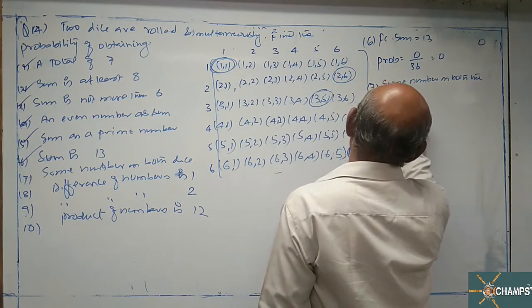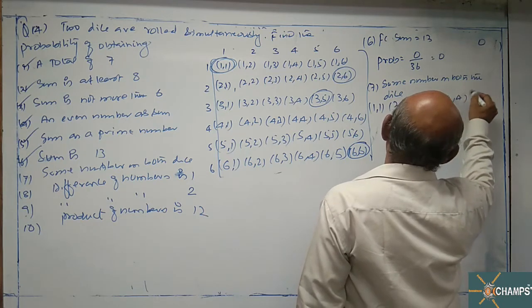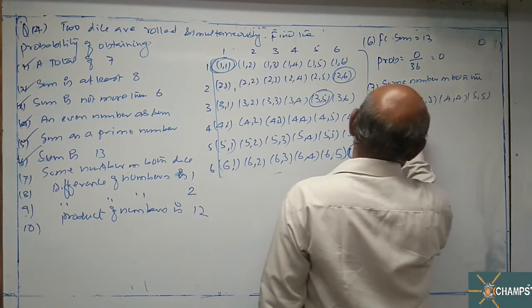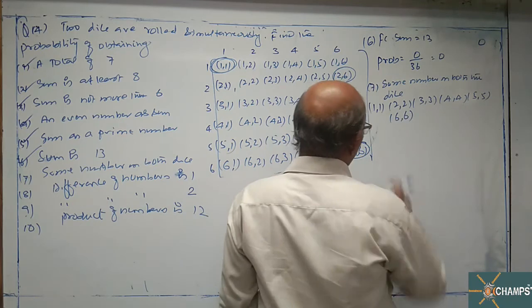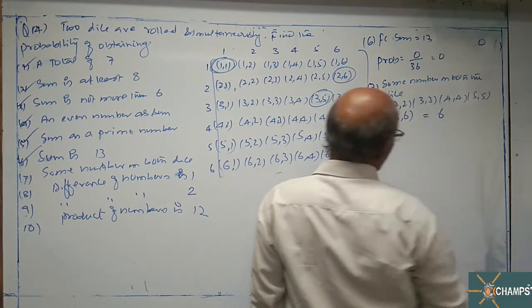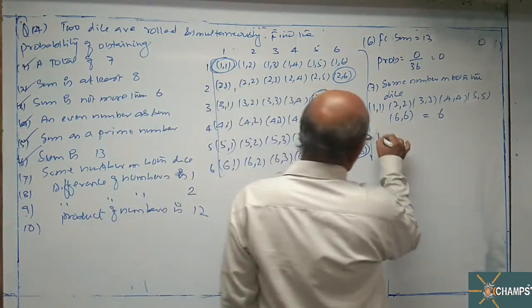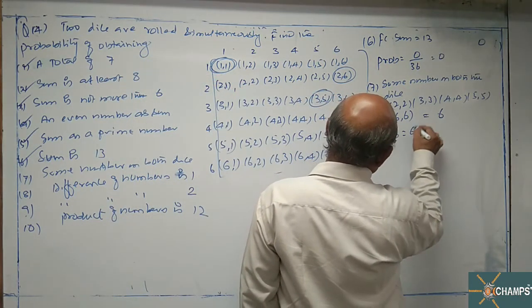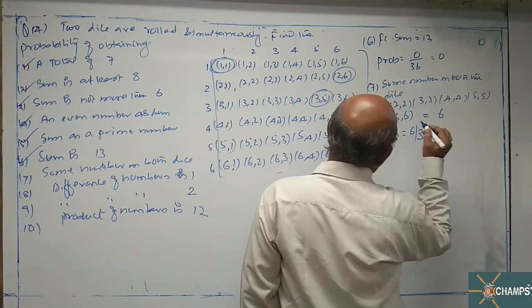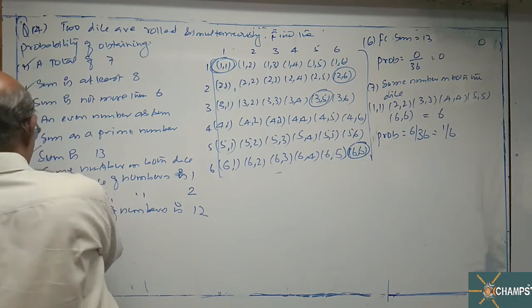So 1 comma 1, 2 comma 2, 3 comma 3, 4 comma 4, 5 comma 5, 6 comma 6. How many cases are there? 6 cases are there. So probability is equal to 6 by 36. 1 by 6 is the answer. Question number 7 is over.